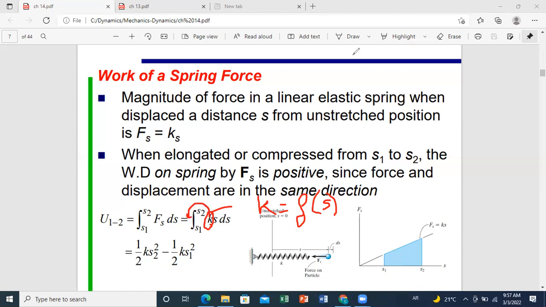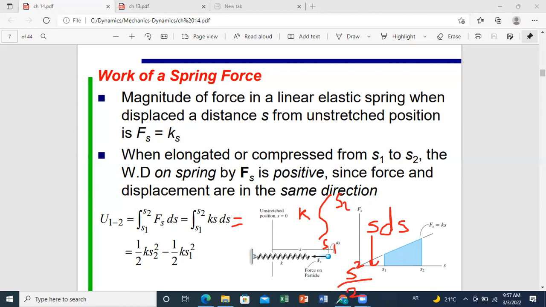And then what will be the function to integrate? If you take K outside, we just have the integral from S1 to S2 of S ds. And then the integral of S is S square over 2.